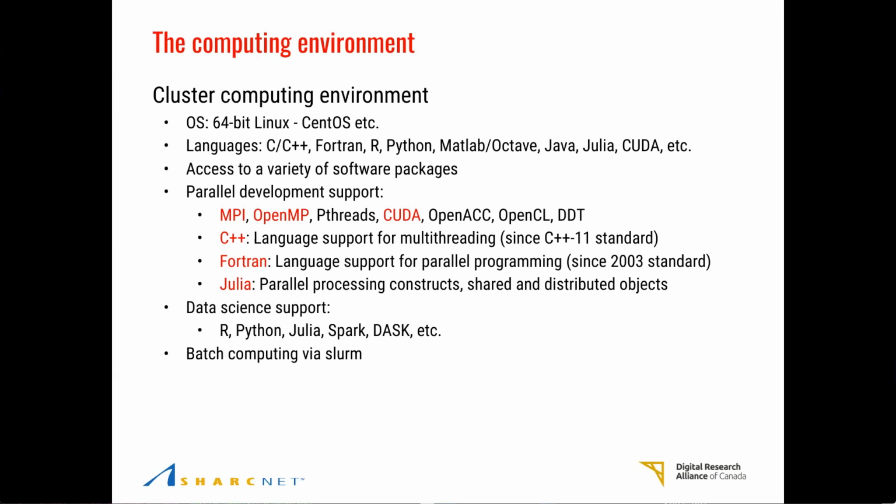You can write your parallel program in Fortran that can run on a cluster across many compute nodes or servers. And Julia is an emerging new programming language for scientific and parallel processing, and it can run on shared and distributed systems as well.